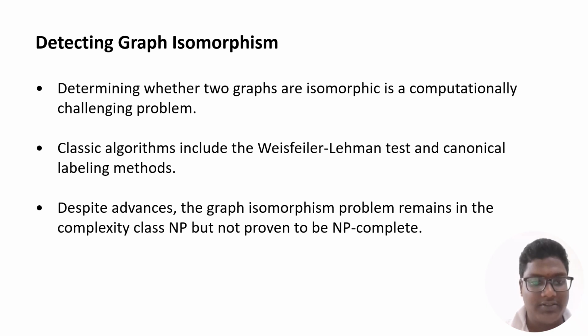Detecting graph isomorphism. Determining whether two graphs are isomorphic is a computationally challenging problem. Classic algorithms include the Weisfeiler-Lehman test and canonical labeling methods.